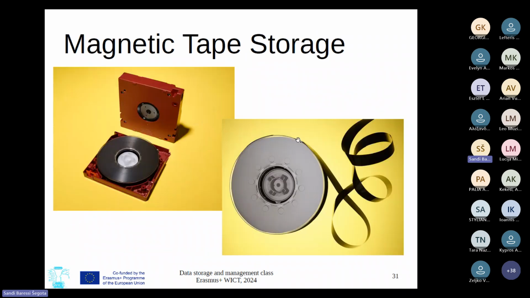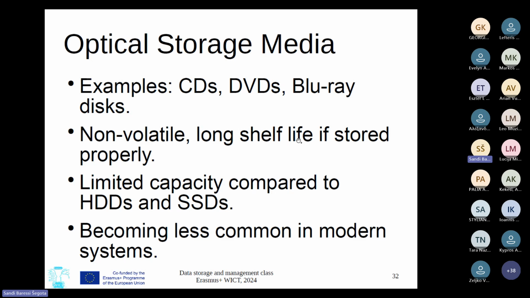Okay, some other storage types that exist, that you may already remember seeing, are optical storage media, wherein instead of using magnetism or electricity, you use light to store bits on them. They are non-volatile, so you can permanently store data on them, and they have a very long shelf life if you store them properly.